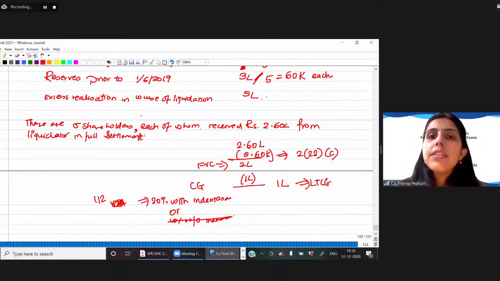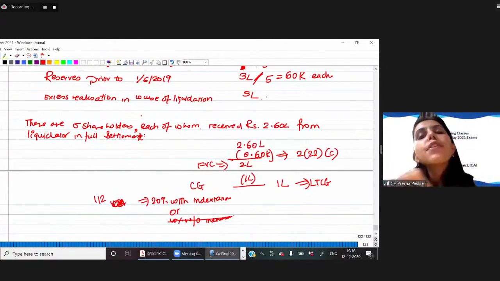Now the question here arises, whether in this particular case, can you claim the deduction under 54EC?